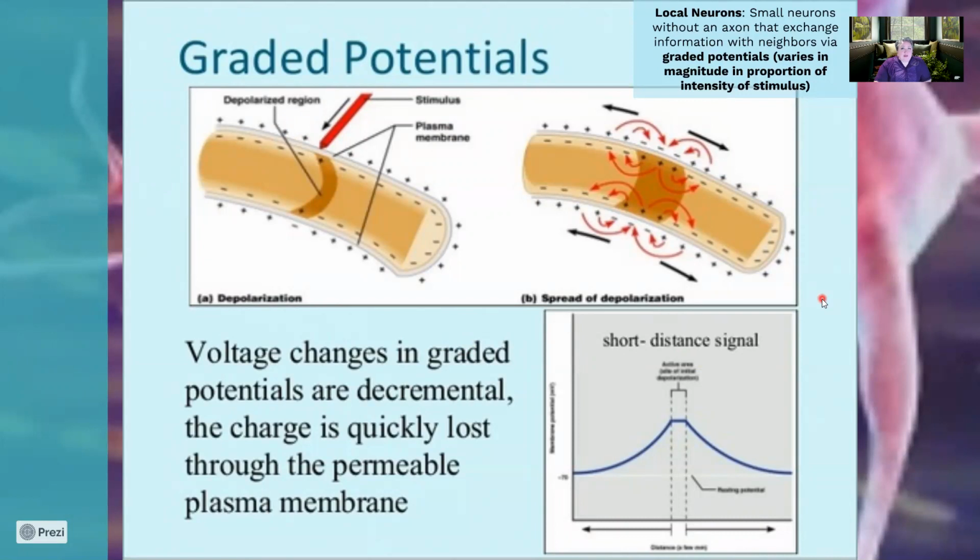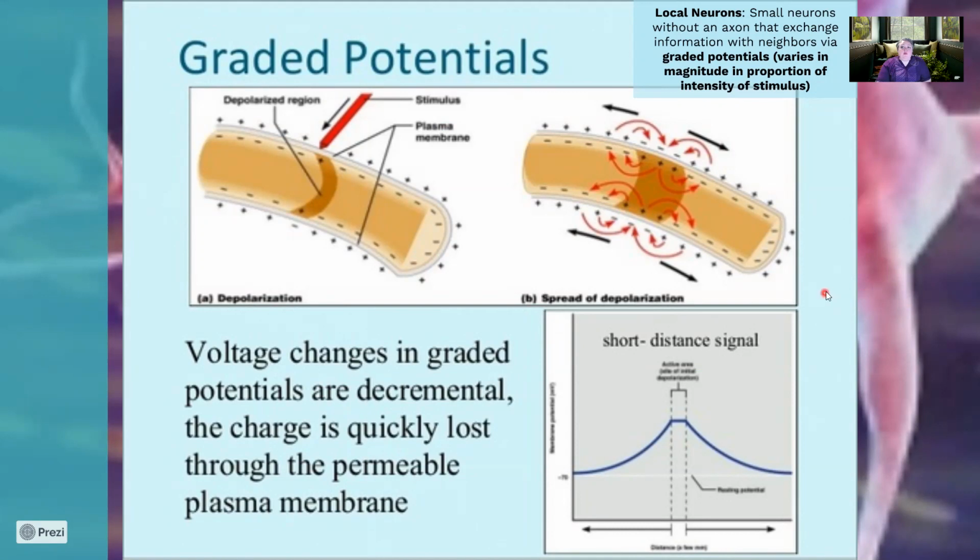The last thing that I wanted to cover in this video is sort of an exception to everything we just talked about, and it's called graded potentials. What this is referencing is the potentials that local neurons will have. Local neurons are smaller neurons without an axon that exchange information with neighboring neurons, basically.